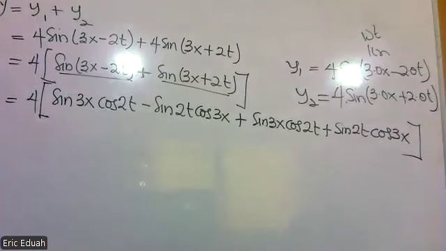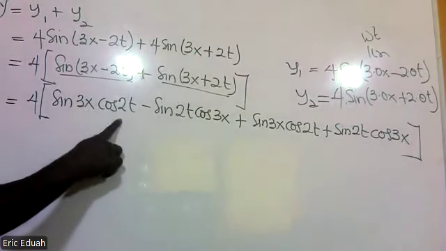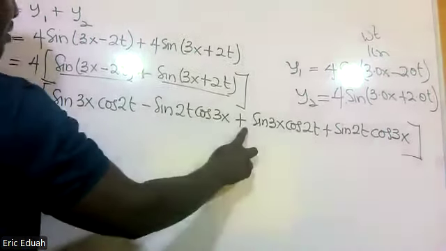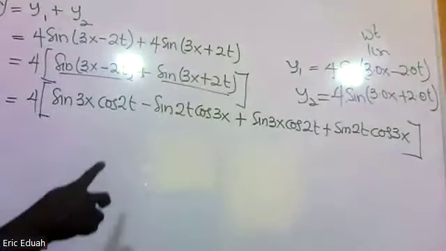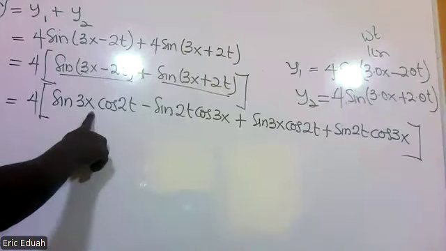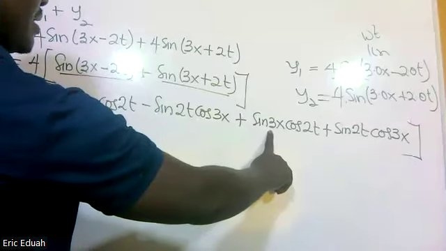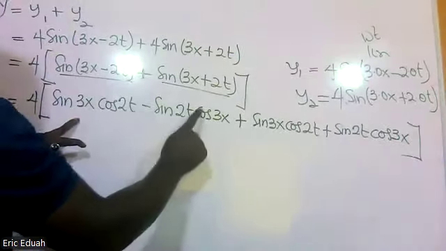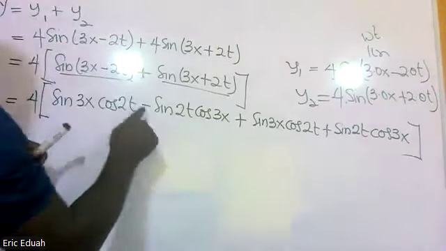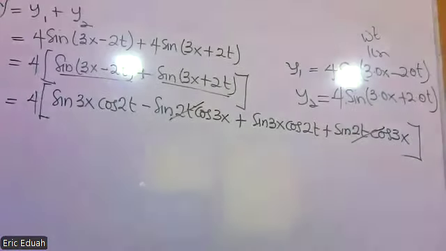Now, when you compare, you realize that sine 3x cos 2x, sine 3x cos 2x. So you can add this and this. They are alike. These are also alike, but this is minus, this is plus. So this will eliminate this.